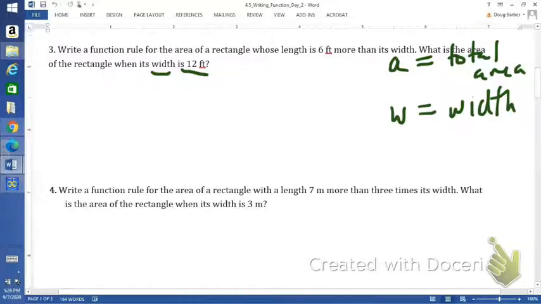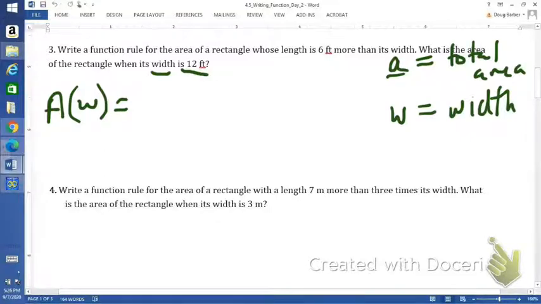We put our width instead. All right, so write a function rule for the area in terms of width. So the A gets capitalized, and then our width will be lowercase and inside the parentheses.